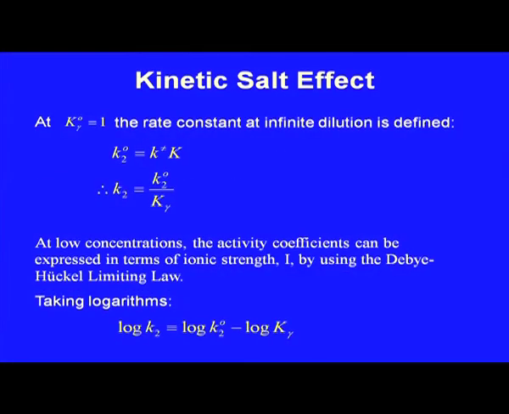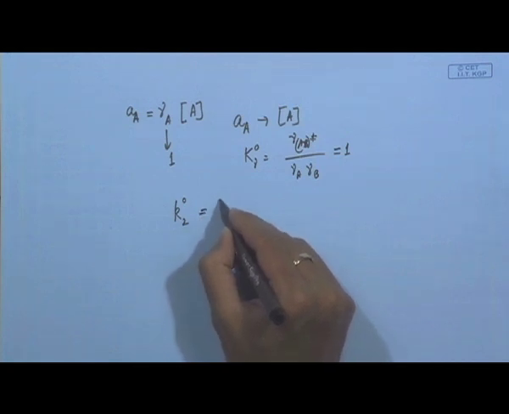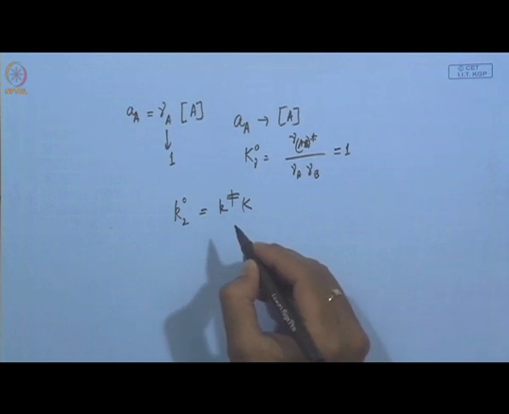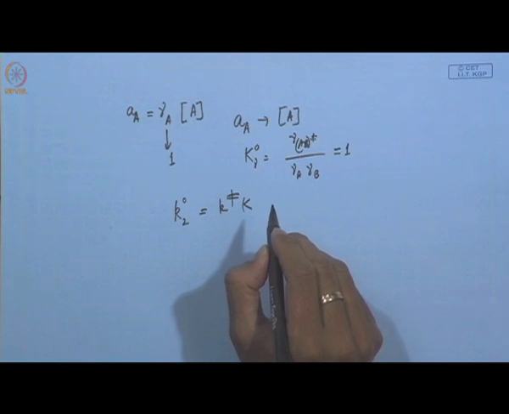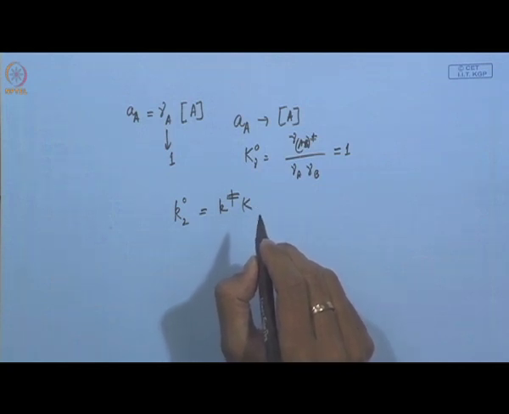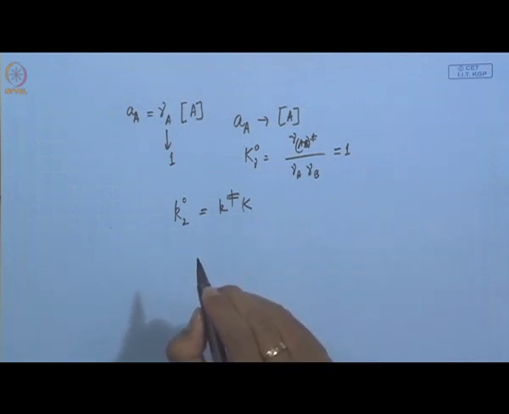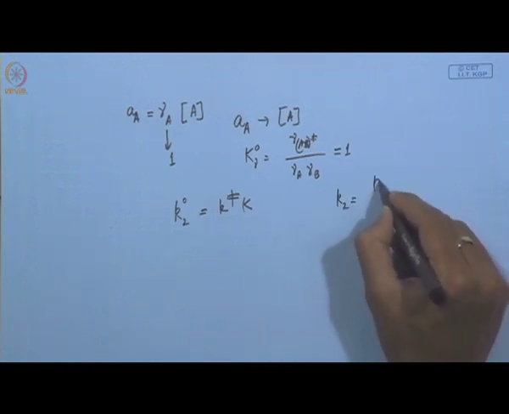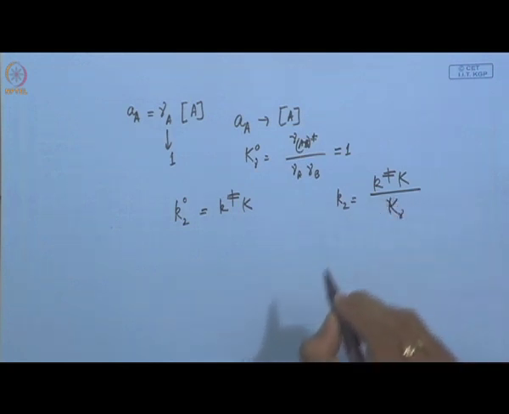Okay. So therefore you can write K2 0, where 0 means infinite dilution, is equal to K times K gamma, or K2 is equal to K by K gamma.